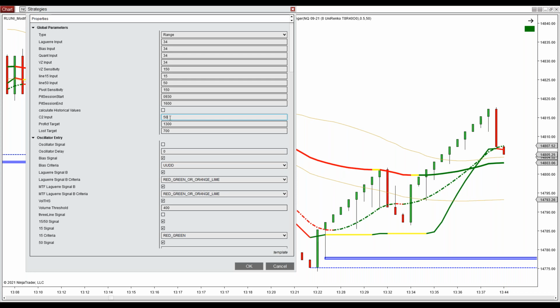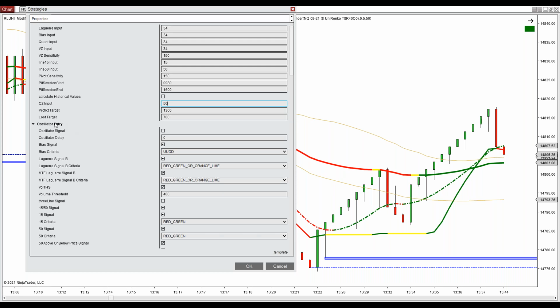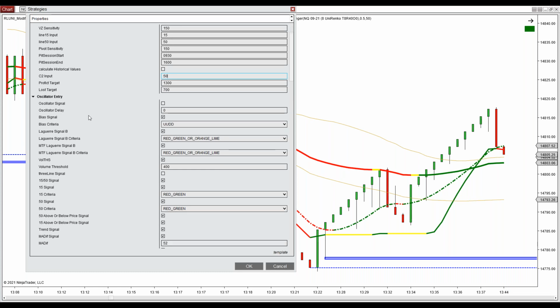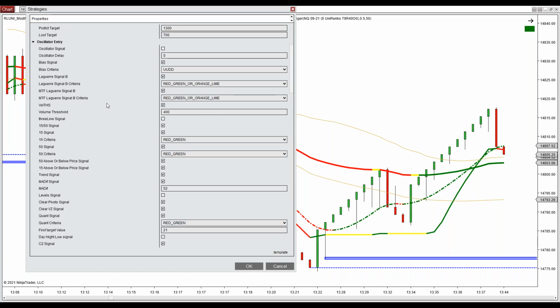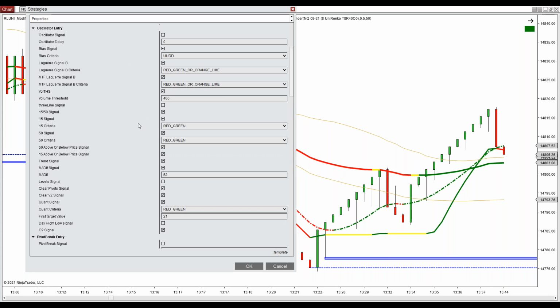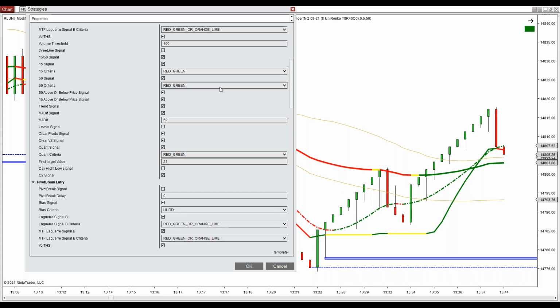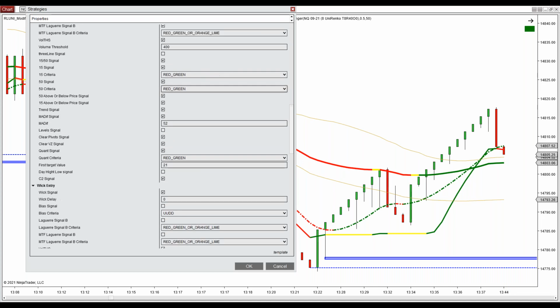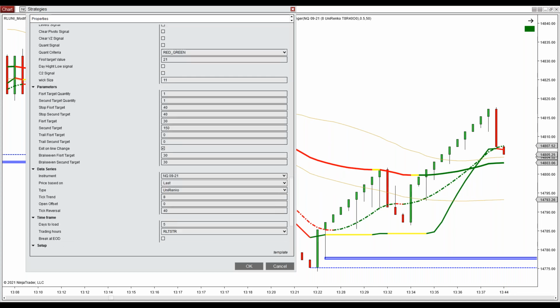That's your C2 input. Now, every single type of entry is going to give you an opportunity to take the C2. But we don't use it. It's simply just graffiti on the aggressive strategy. Now, this is not the aggressive strategy. This is the conservative.